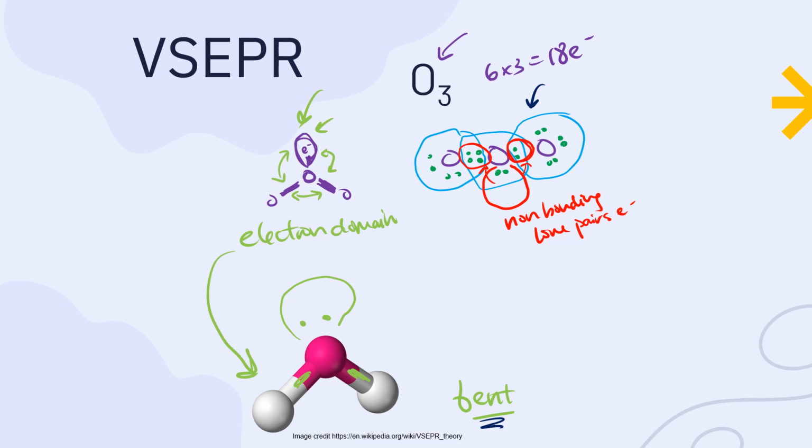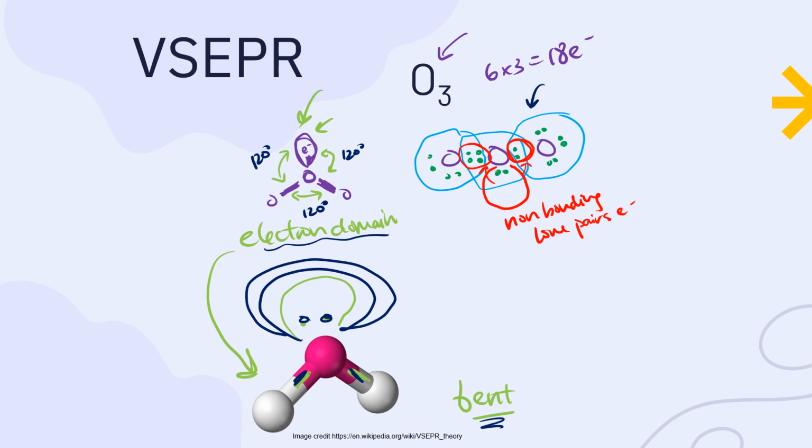And our bond angles, here's another quirky thing. Looks like it should be 120 degrees, right? Because it's trigonal planar in its electron domain. But these non-bonding pairs of electrons, they've got a little bit more freedom than do these shared pairs of electrons, and so they take up a little bit of extra space, which means that these guys get pulled together a little bit.